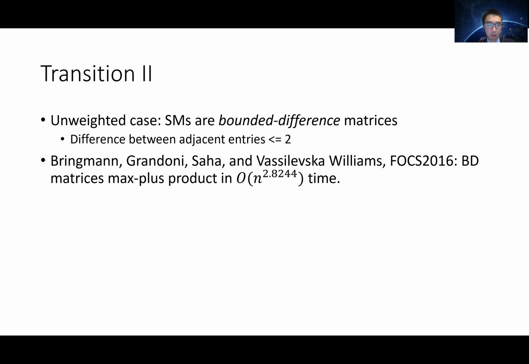For bounded difference matrices, Bringmann, Grandoni, Saha, and Vassilevska Williams showed in FOCS 2016 that the max plus product between bounded difference matrices can be done in O(n) to the 2.8244 time, which is truly subcubic.